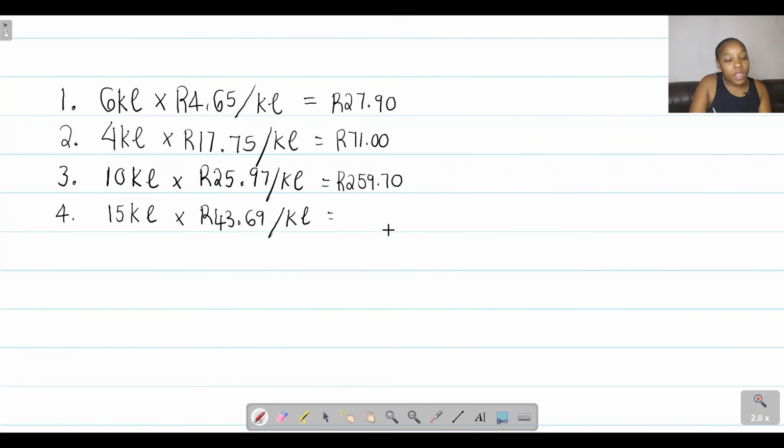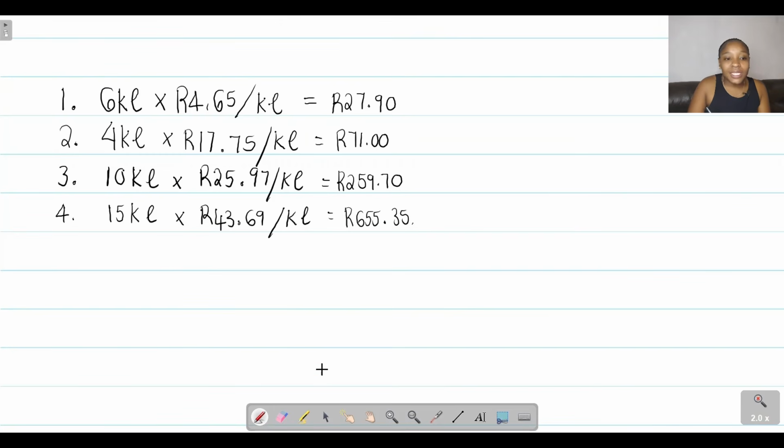And lastly, in the fourth step, 15 kiloliters multiplied by 43.69 per kiloliter, you will get 655 rand and 35 cents. So if you use 15 kiloliters of water, you'll pay 655 rand and 35 cents in the fourth step. That is the total you'll pay in each step.